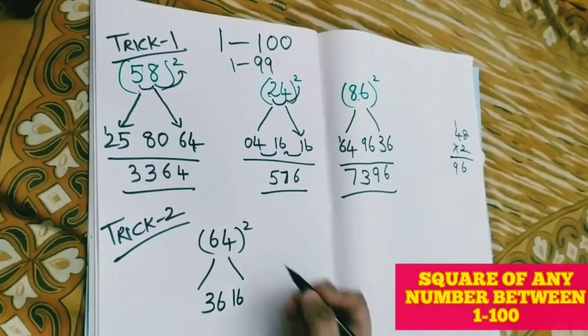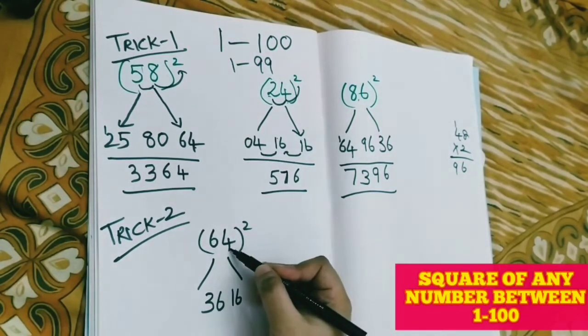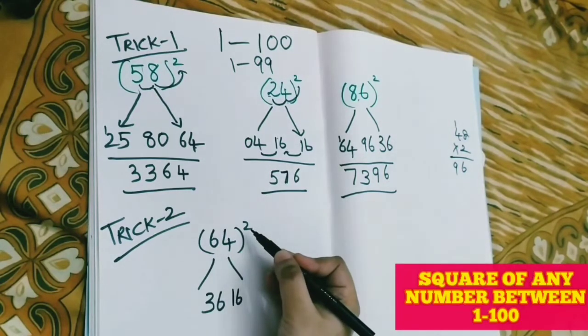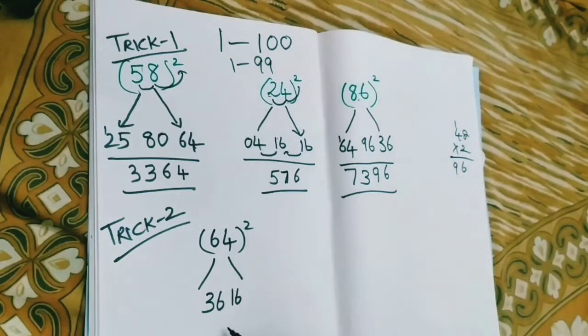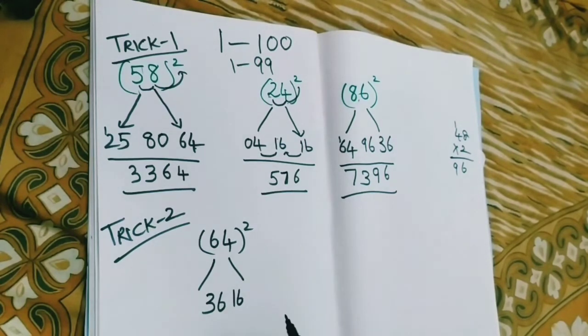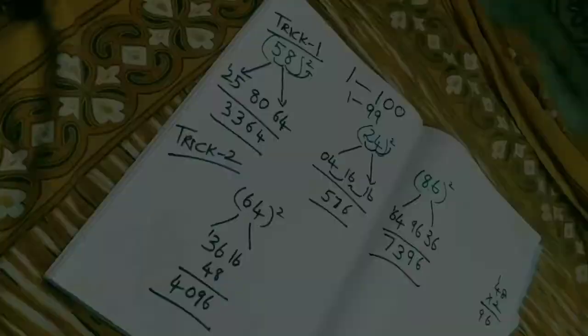And later, 6 4s are 24. 24 into 2 is 48. That you will add below this. Now you will not put 48 over here. Keep this in your mind: you have to leave the number towards this side, just one number, and put 48 over here.